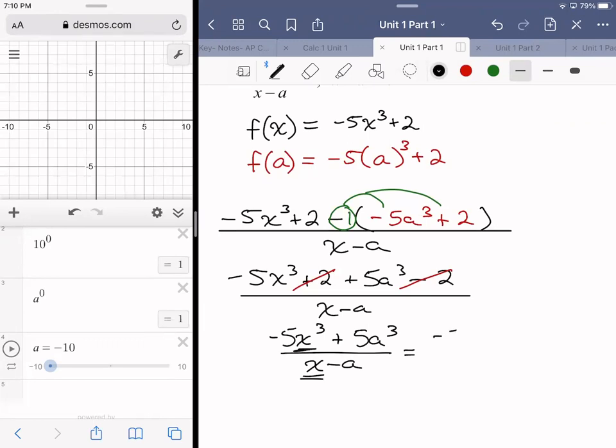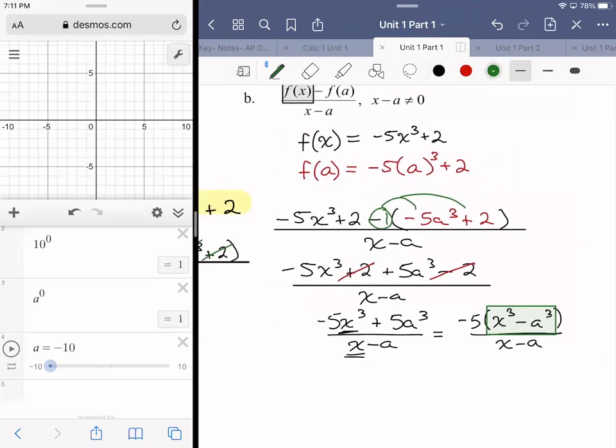In order to do that, I would pull out a -5, and we get x cubed minus a cubed. And here you're at the mercy of prior knowledge also. What we're looking at here is a difference of two cubes. A difference of two cubes is a factorable expression.